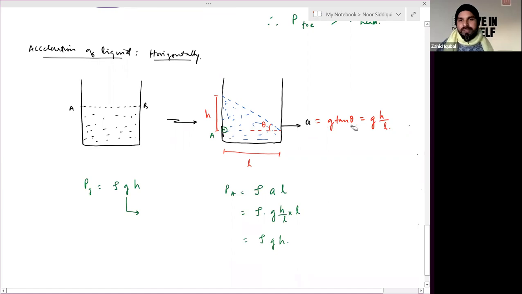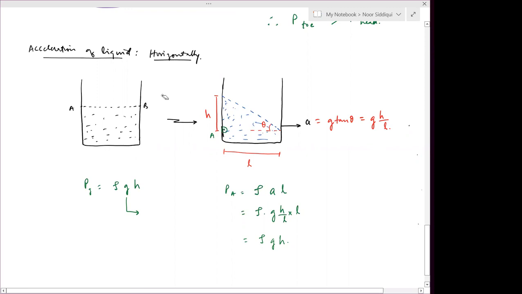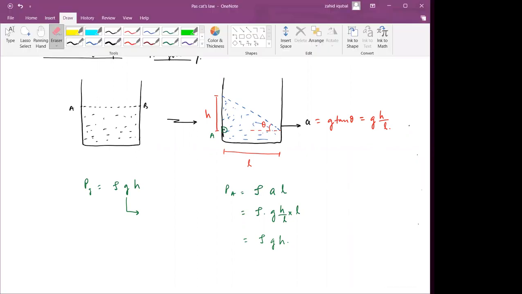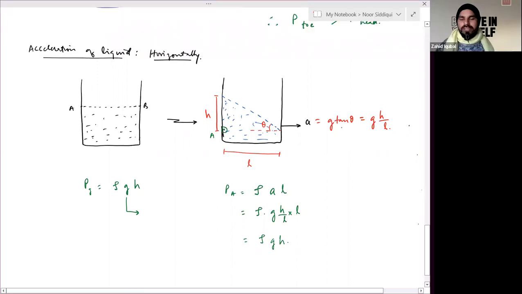That's why A will be equal to G times tan theta or G times H by L, so that this term and this term numerically get equal to each other. Yes, sir, it's clear. Good. You'll be asked only acceleration. You'll be given column or change in level, and you'll be asked to find the acceleration of system. So you'll say acceleration will be always equal to this term.